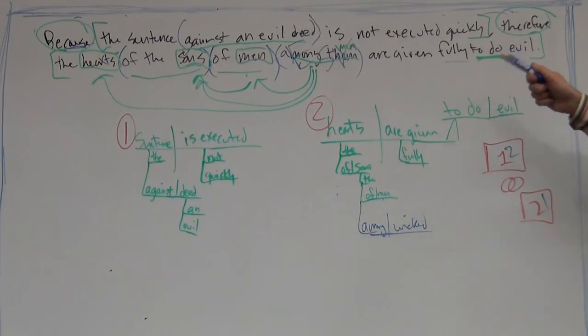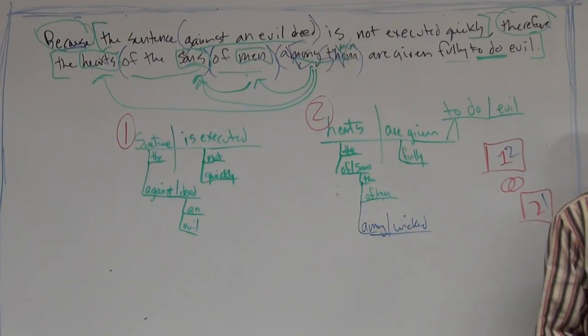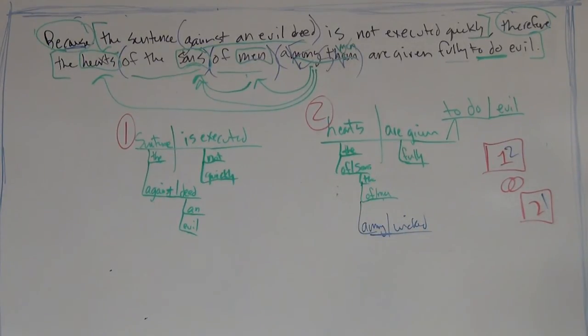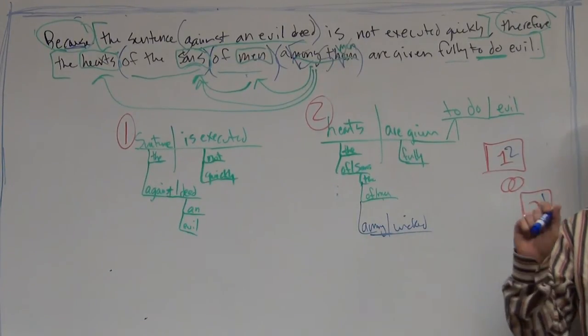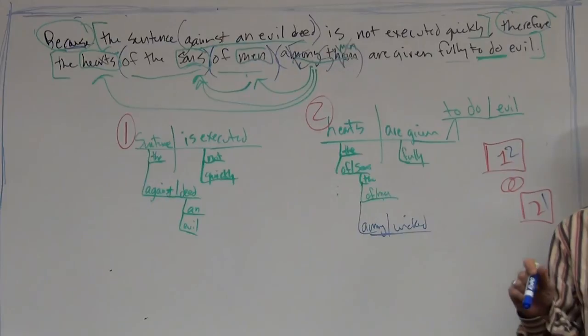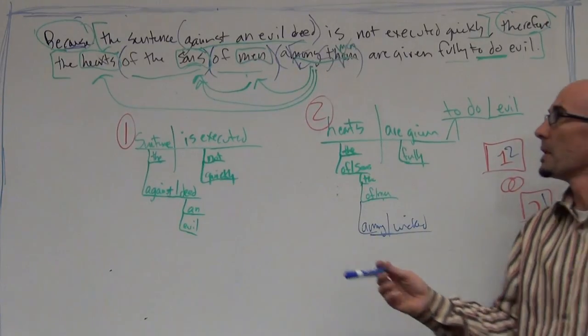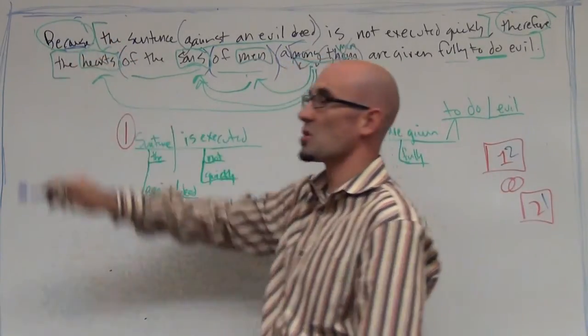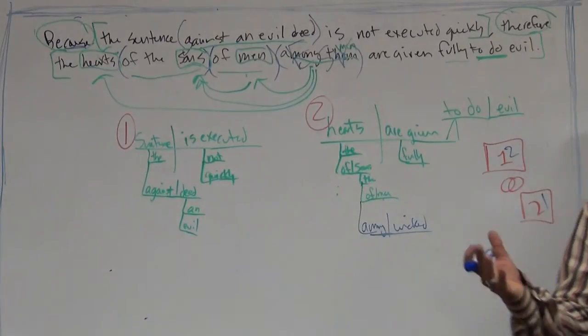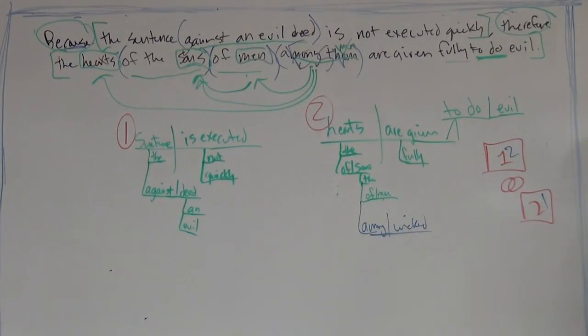Because the sentence against evil deeds is not executed quickly, hearts are given to do evil. That is a cause and effect relationship. However, the effect is the main idea, and the cause is the subordinate idea. This because is a subordinating conjunction that subordinates the clause that it has to the one underneath.